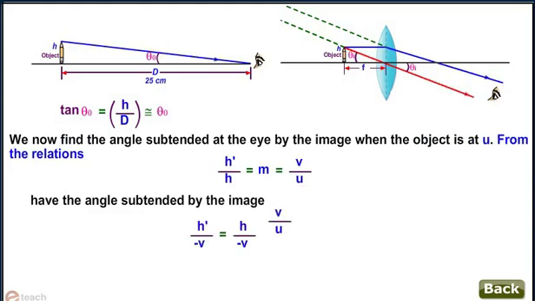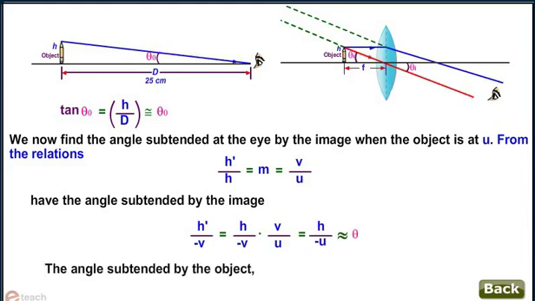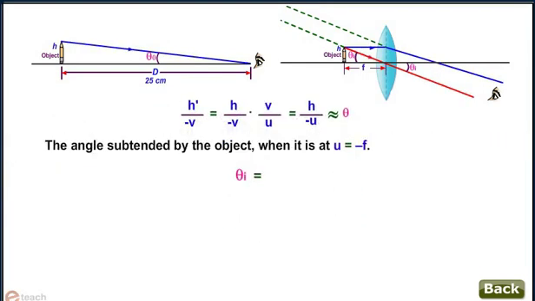We now find the angle subtended at the eye by the image when the object is at u. From the relations, we have h prime by h equals m, which equals v by u. Hence, we have h prime by minus v equals minus h by v into v by u, which is approximately equal to theta.